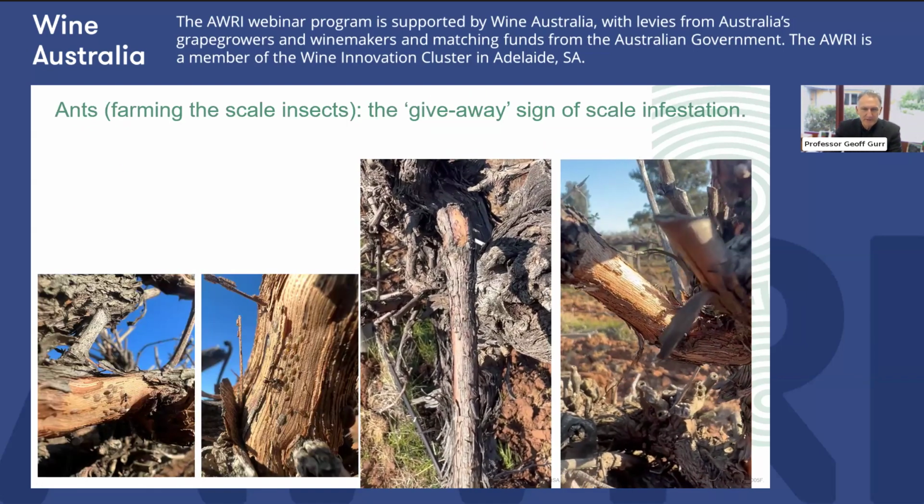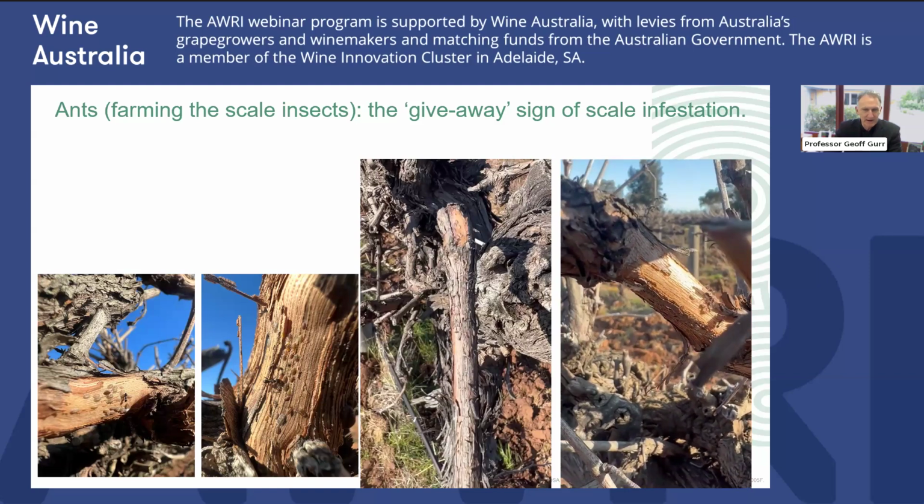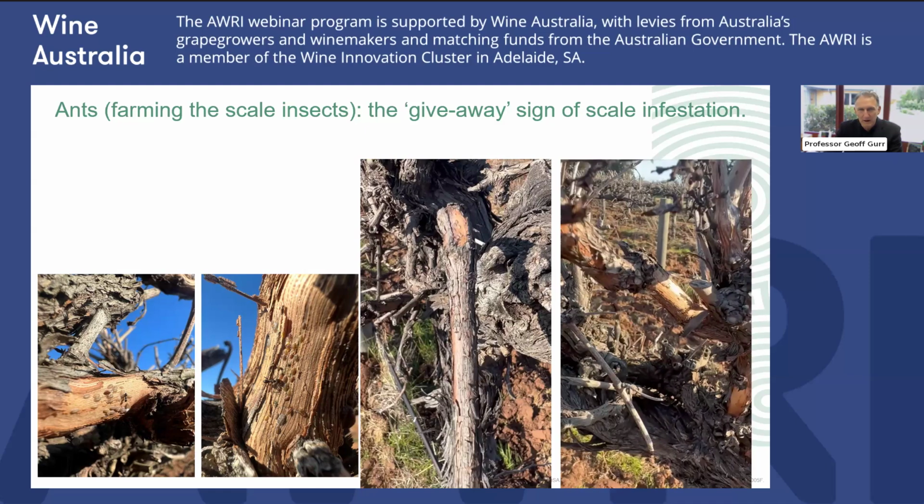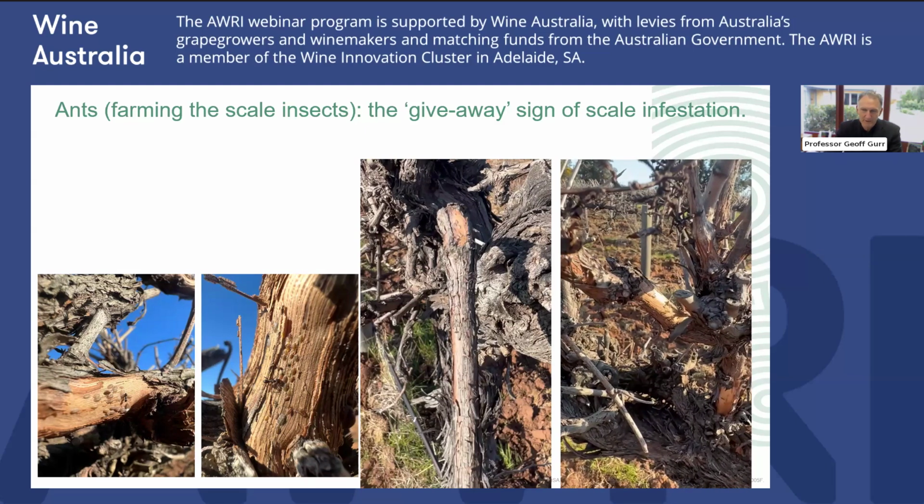Given the difficulty in finding and recognizing scale insects, it's perhaps worth mentioning that ants are a really useful giveaway sign of scale infestation in a vineyard. And this is the case because previously I described the way in which the scale insects produce lots of honeydew as a waste product of their feeding. And the honeydew is a very, very nice food resource for other insects, most notably ants.